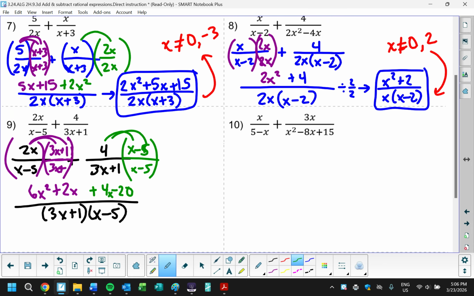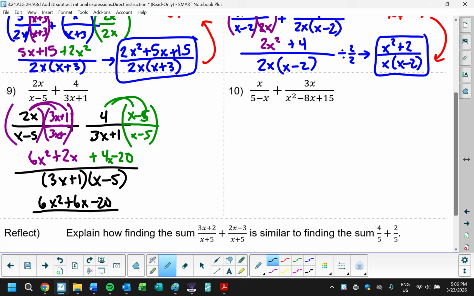Whoops, I missed my x there. Are there any like terms? There sure are. I'm going to combine the x terms, 6x squared plus 6x minus 20, all divided by the product of 3x plus 1 and x minus 5.